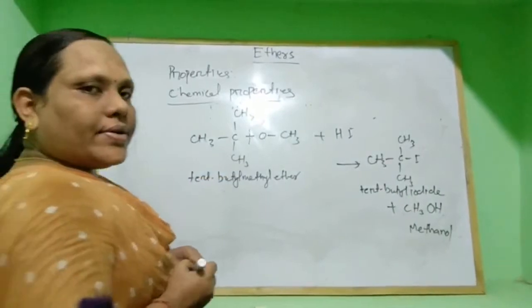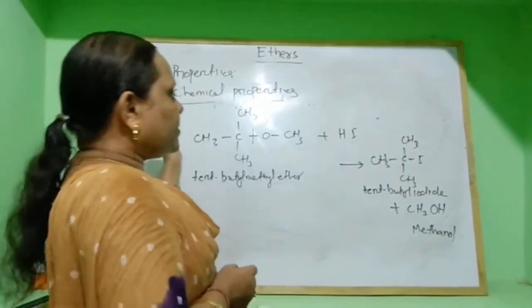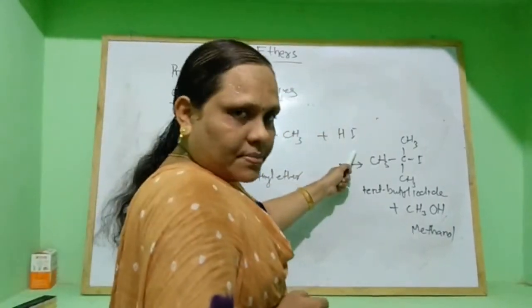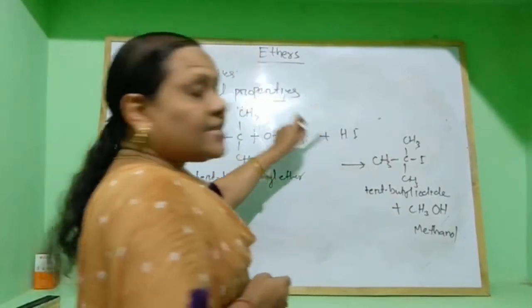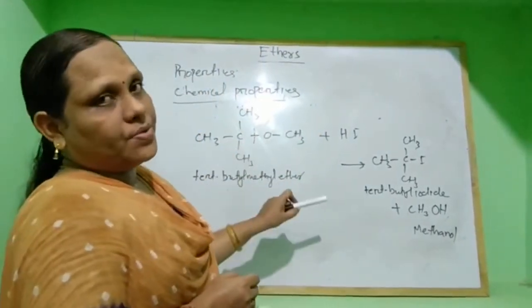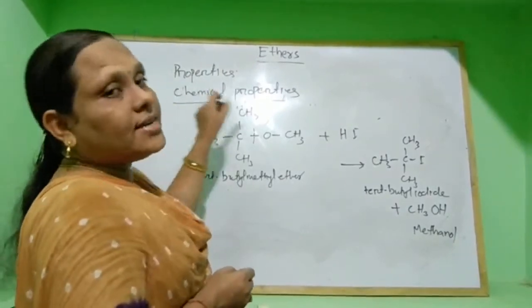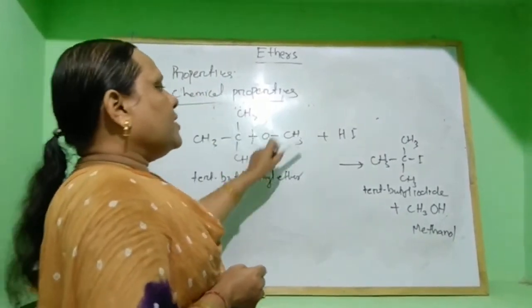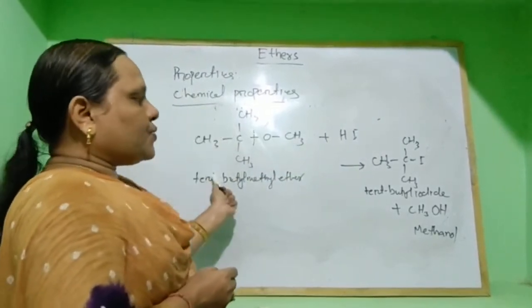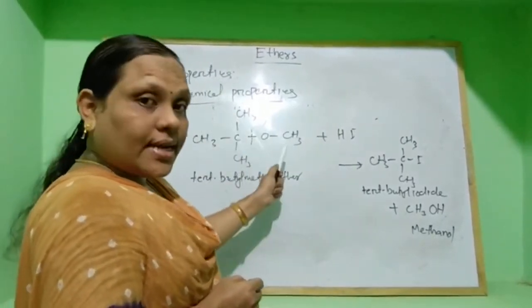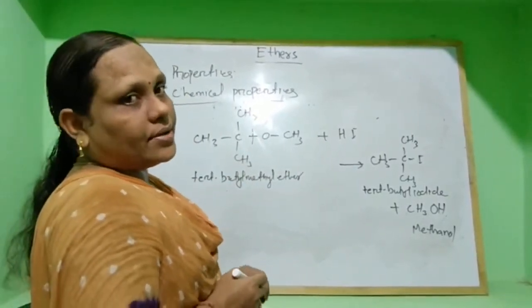So whenever the reaction of HI takes place, the iodide ion is always linked towards the lower alkyl group. But if one of the alkyl groups is a tertiary alkyl group, then the iodide ion is linked towards this tertiary group, because the tertiary carbocation is more stable than the primary carbocation.